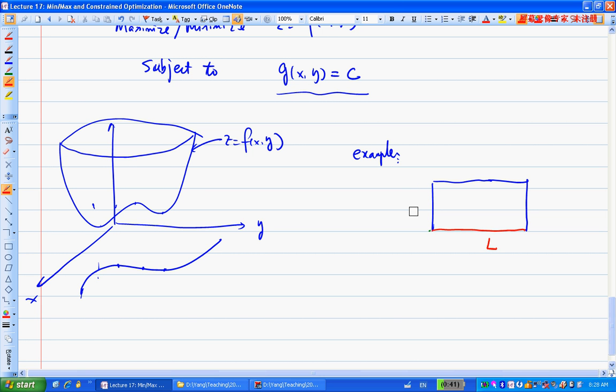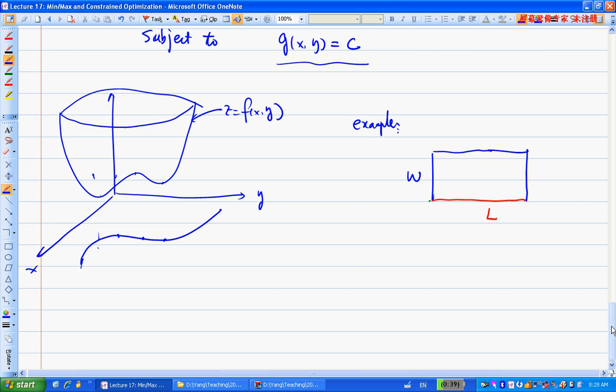The length of each side is W and L. You know the cost.